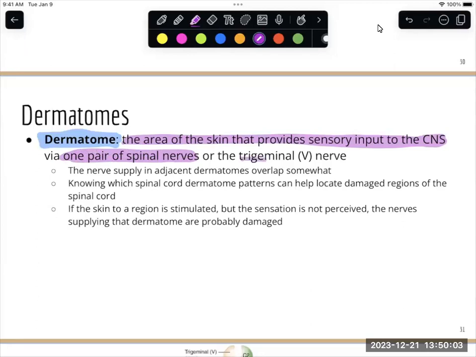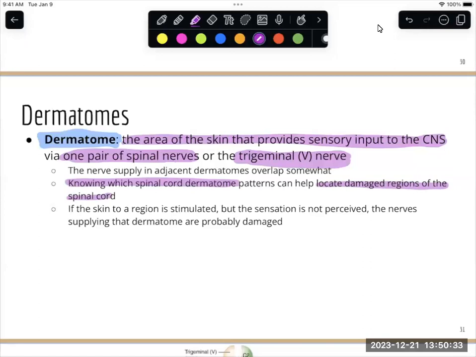Or it's also for that trigeminal nerve, because that trigeminal nerve, a cranial nerve, gives sensory information to our face. So knowing these dermatomes and the pattern they follow, like what area of skin is covered by which nerve, can actually help figure out where there is damage at the spinal cord.